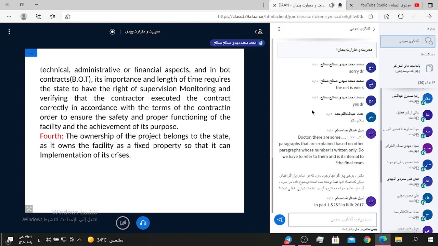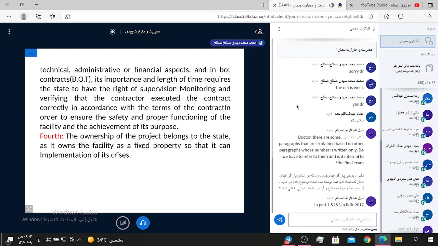Its importance and length of time requires the state to have the right of supervision, maintaining, and verifying that the contractor executed the contract correctly in accordance with the terms of the contract in order to ensure the safety and proper connection of the facility and the achievement of its purpose.